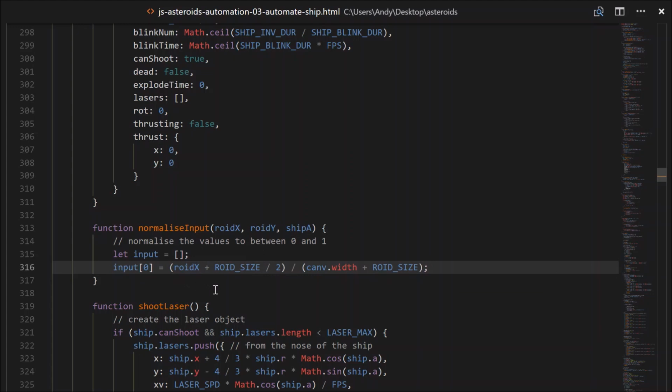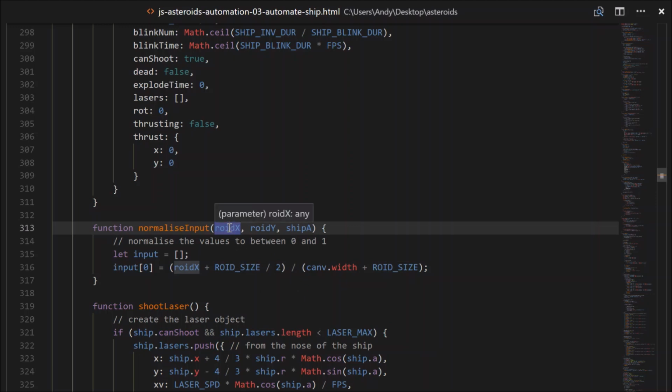Let's just work through that logically. So roid x could be minus 50. So minus 50 plus 50 equals 0. 0 divided by anything is going to be 0. That's fine. Now, the maximum value this could take, just say we'll choose an arbitrary width of 500. So 500 plus 50 is 550, plus 50 is 600. 600 divided by 500 plus 100 is 600, so that'll be 1.